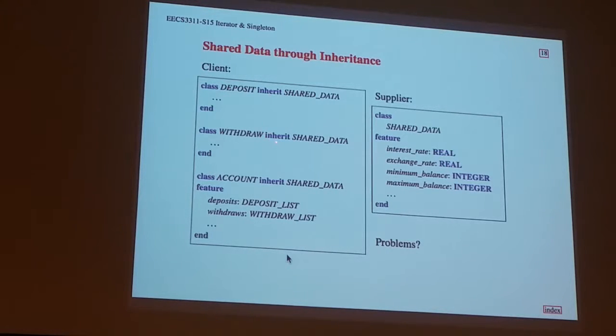We can also instantiate many objects for withdrawal and also many objects for accounts. And let's say, in the case where interest rate, exchange rate, minimum balance, maximum balance are constants, and they never change in this assumed scenario, then will this be okay? Because each object will get a copy of the shared data, since they never change, that should be okay.